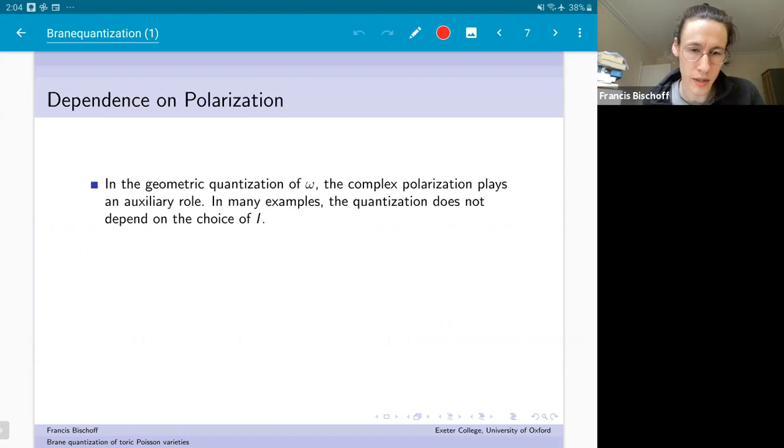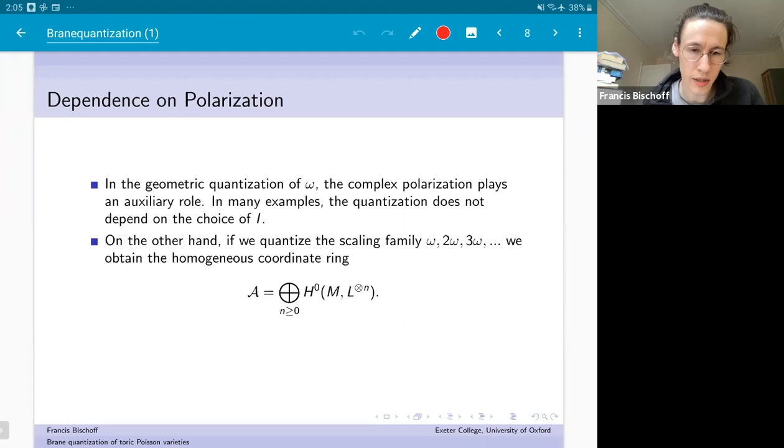In the geometric quantization of omega, the complex polarization plays an auxiliary role. And in many interesting examples, the quantization does not actually depend on the choice of I, so we have some type of independence of polarization results. If we want to see where the complex structure comes in, what we need to do is quantize not just omega, but the entire scaling family: omega, 2 omega, 3 omega, and so on.